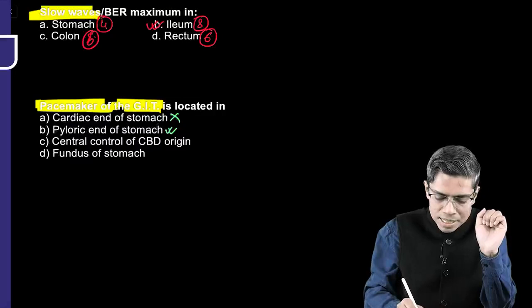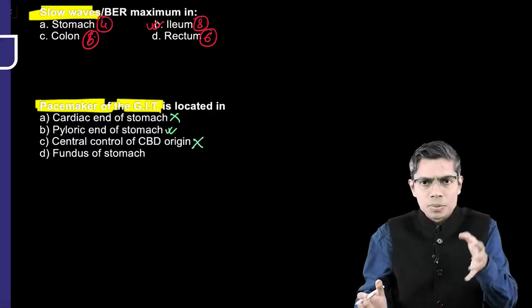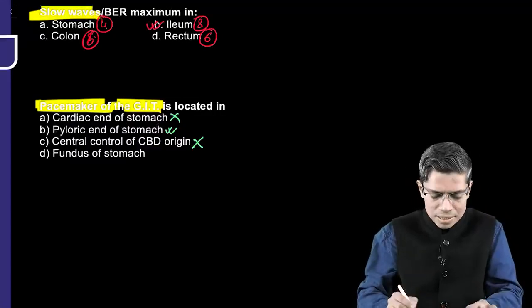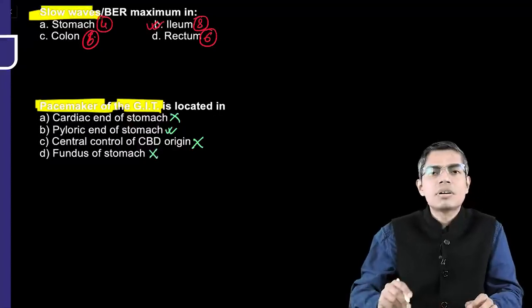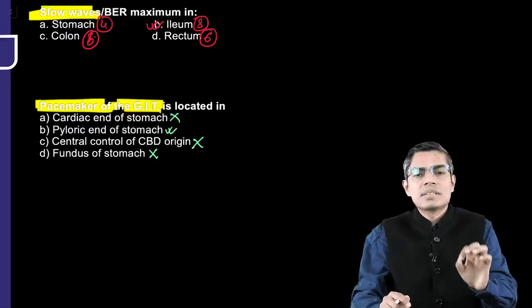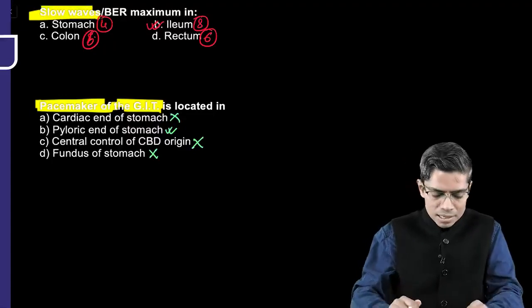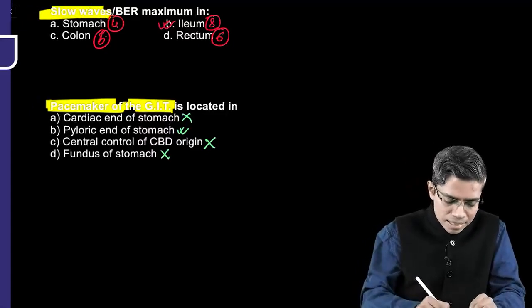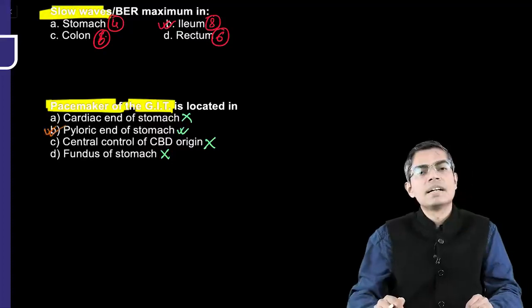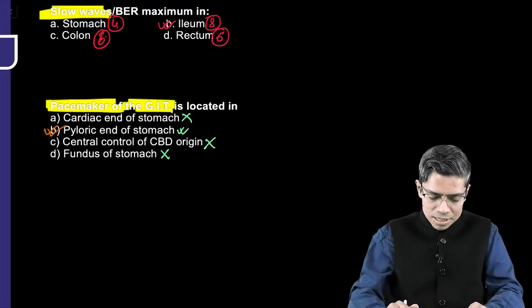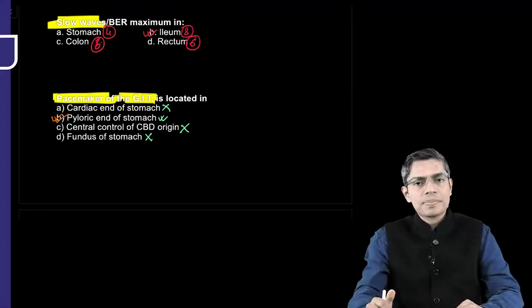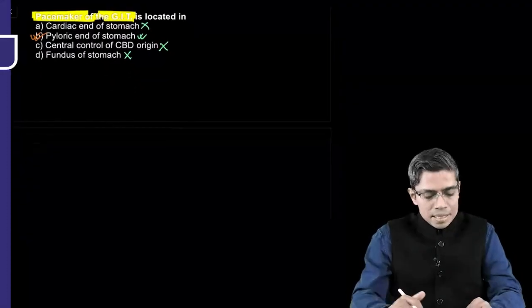Central control of CBD in origin is obviously a false option, not related to this. And the fundus of the stomach, I told you already that in the cardiac end as well as the fundus end of the stomach, there are no pacemaker interstitial cells of Cajal. So the only answer that is possible here is the pyloric end of the stomach, right? So these are the different types of MCQ which can be given from the BER.